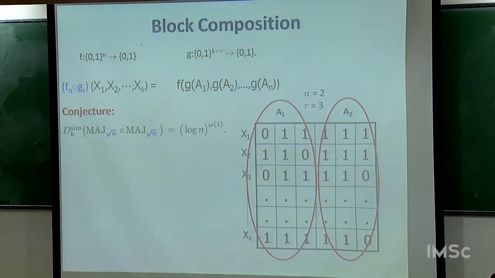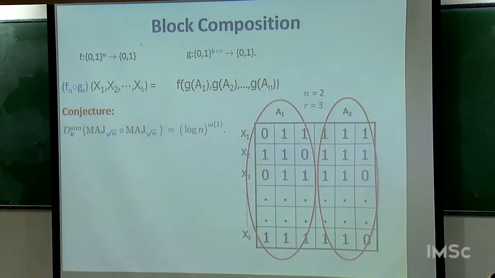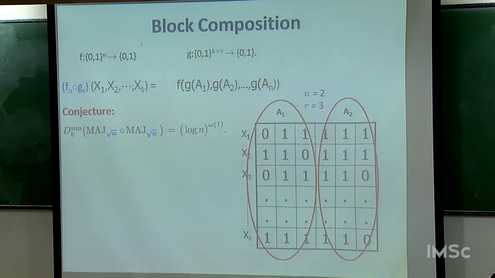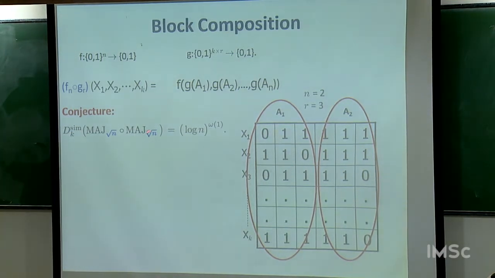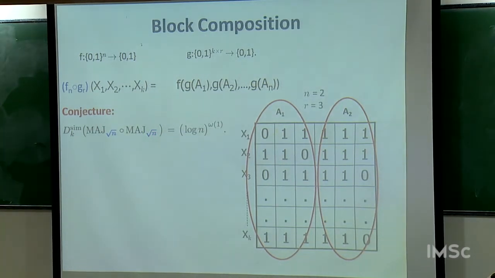Okay, and the next conjecture, in fact, is also due to Babai et al., which says that the simultaneous complexity of majority, where the inner function now acts on root n columns, should still be hard. The outer majority is also on root n bits, and the inner majority is also on root n columns.